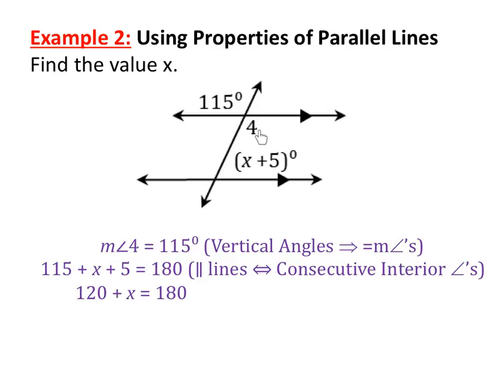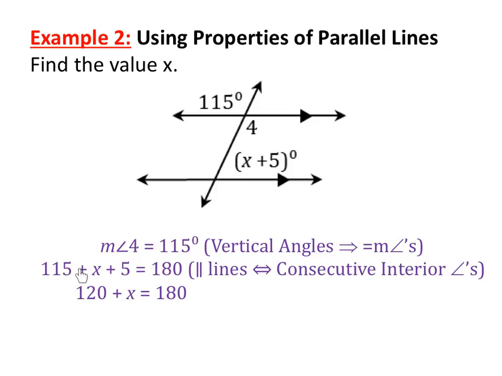And that's because 4 is consecutive interior with this angle here. So we can substitute the 115 for angle 4, and then plus the x plus 5, and set it equal to 180.